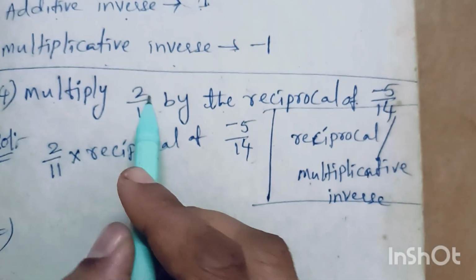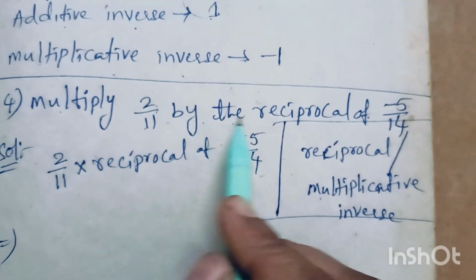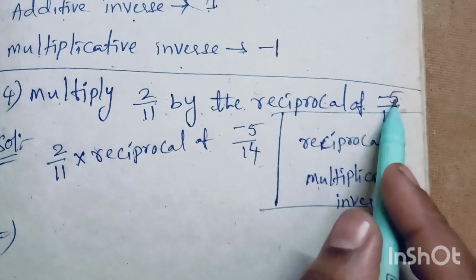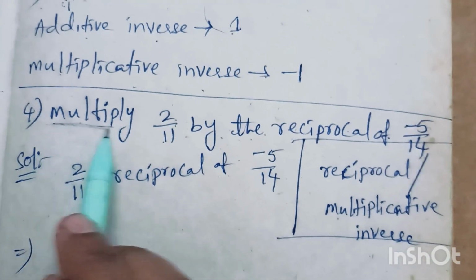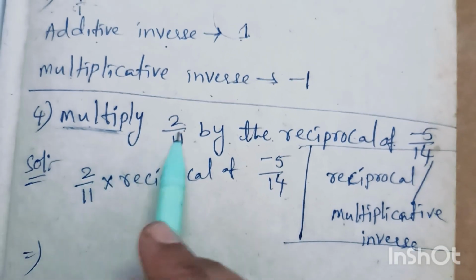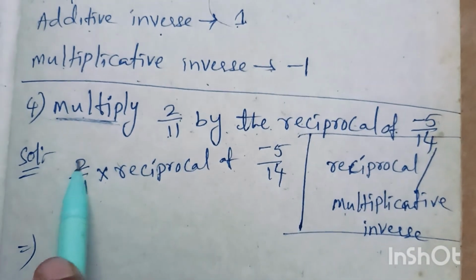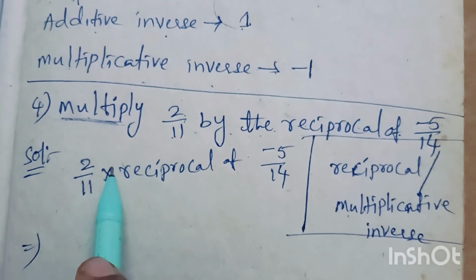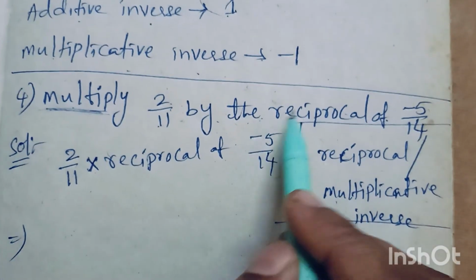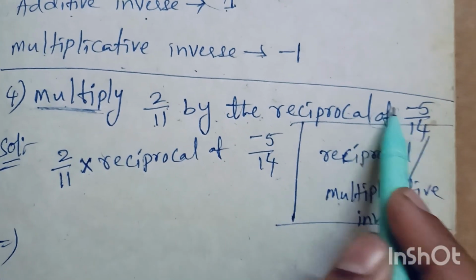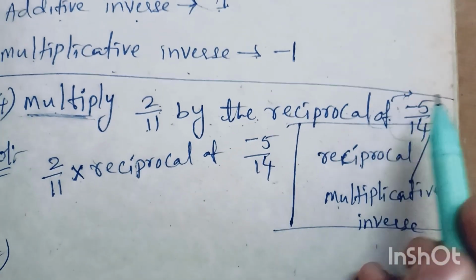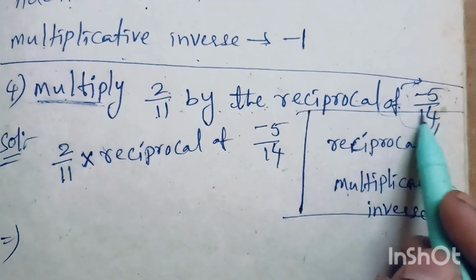Multiply 2 by 11 by the reciprocal of minus 5 by 14. So we have to do multiplication. Here we can understand that multiply means multiplication. 2 by 11 multiplication means into which number's reciprocal? This fraction's reciprocal. So the reciprocal of this number.